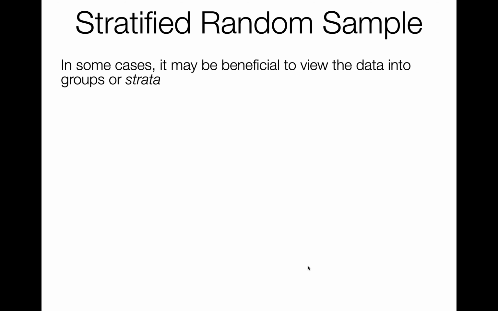And the last one that I want to talk about is stratified random sampling. All right, so this is in a similar case where simple random sampling is not available to me, and so I have to do some other thing. In some cases, it may be beneficial to view the data in different groups or strata.